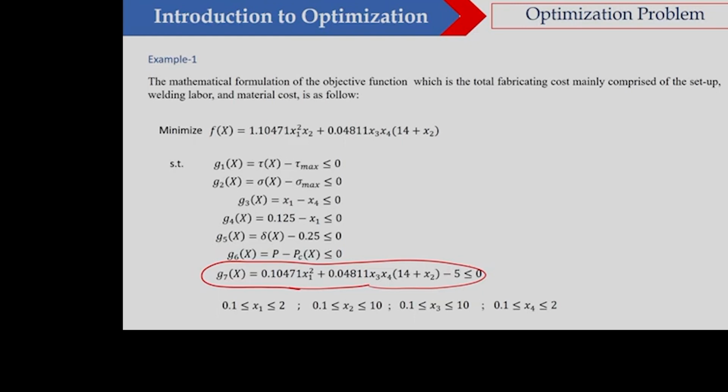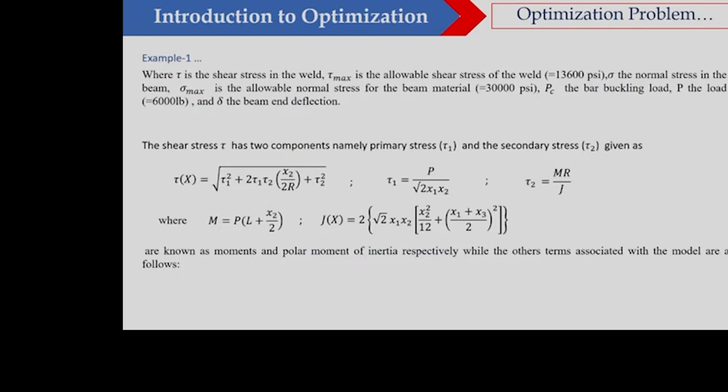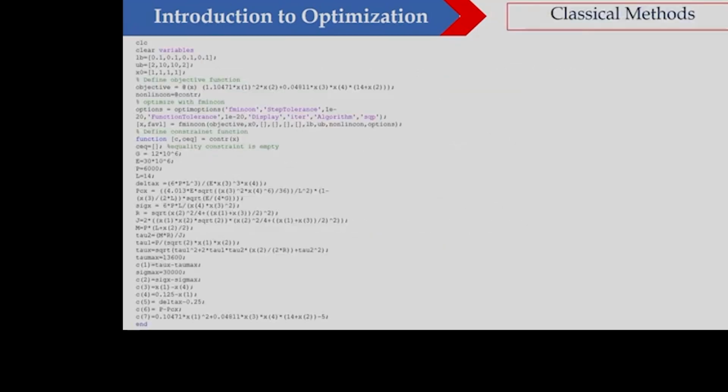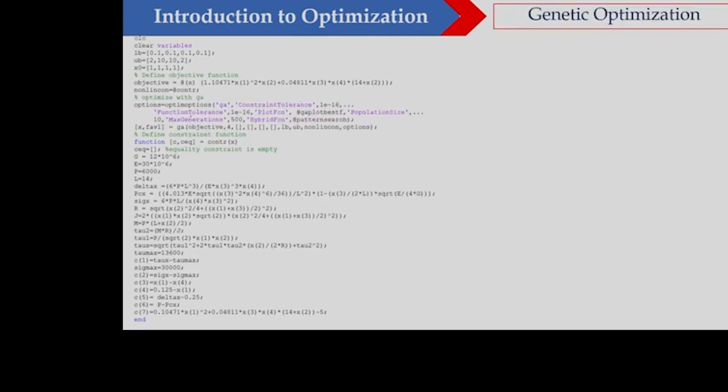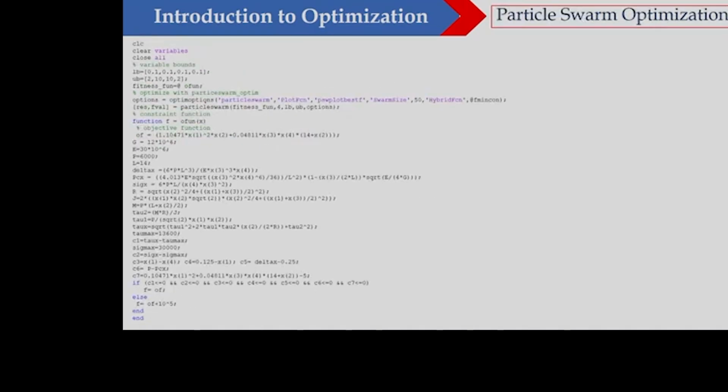Constraint 7 is defined here, and I can calculate its value. This is the code using the classical method. I have used fmincon here, the second one is ZA, and the third one is particle swarm optimization.